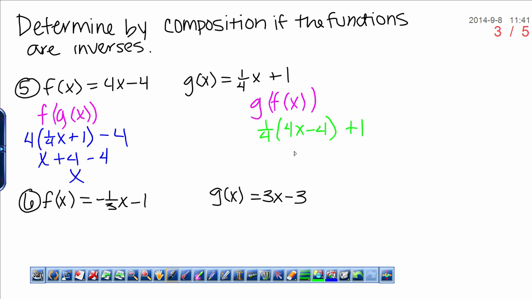Okay, 1/4 times 4x is x. 1/4 times -4 is -1, plus 1, which simplifies to x. So what have we proven? Good. So you can use the little three dot symbol. If you remember, that means therefore. We know that f of x and g of x are inverses.